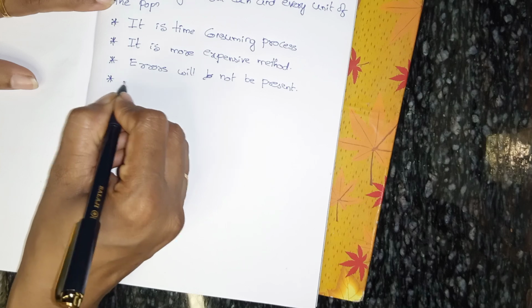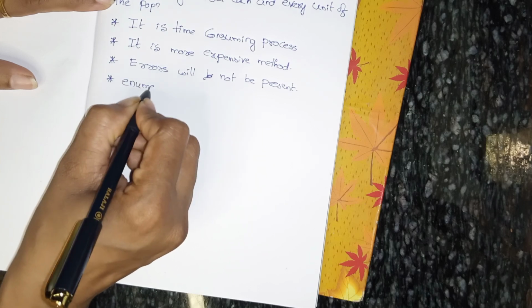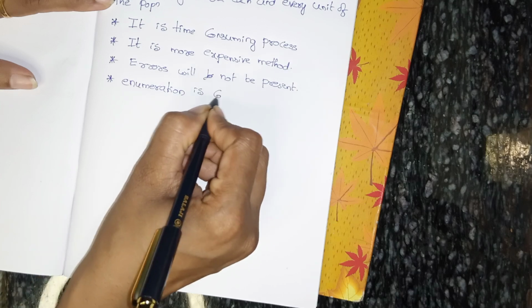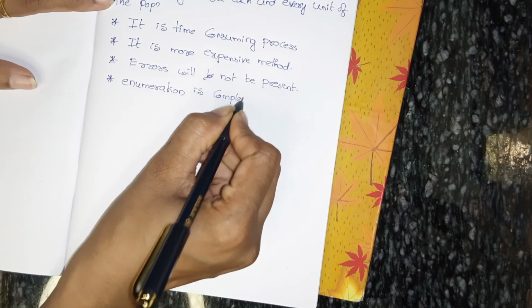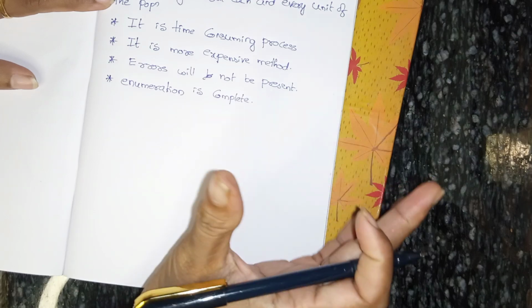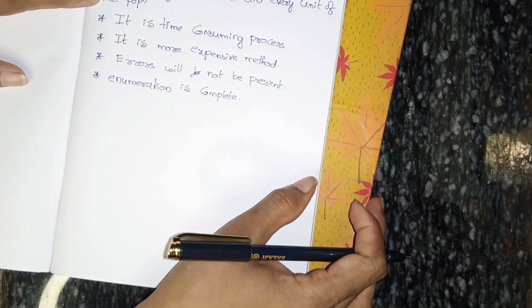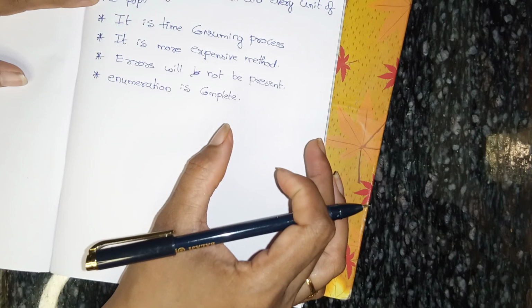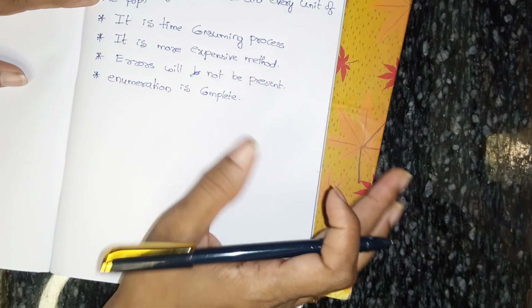And the next is enumeration. Enumeration is complete. Enumeration in the sense nothing but studying of the observations. Here we study about each and every observation, no? So that's why here the analysis is complete.